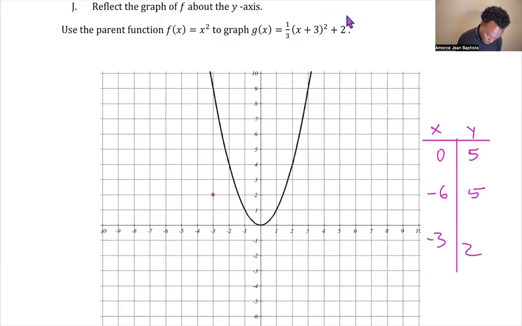So that's here. And then for -6, we have 5. And for 0, we also have 5. So I'm just gonna try to follow the pattern here.